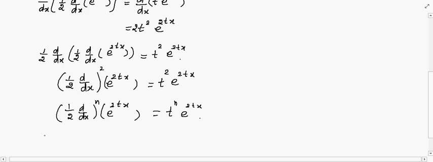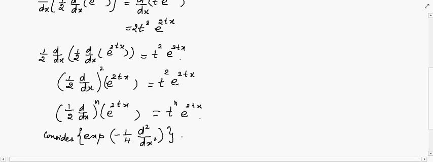Now we will consider exponential of minus 1 by 4 d square by dx square of e power 2tx.